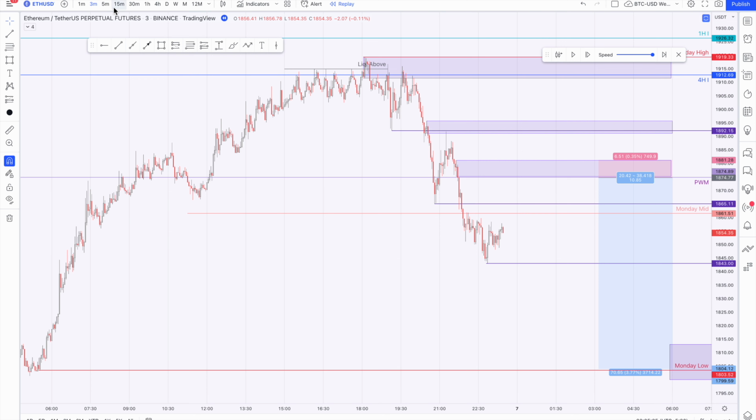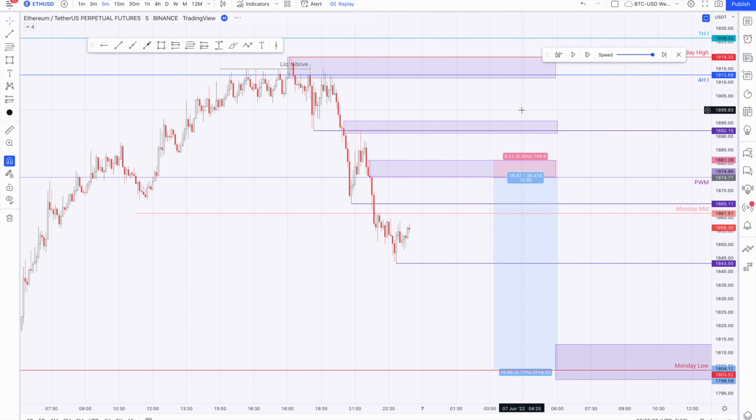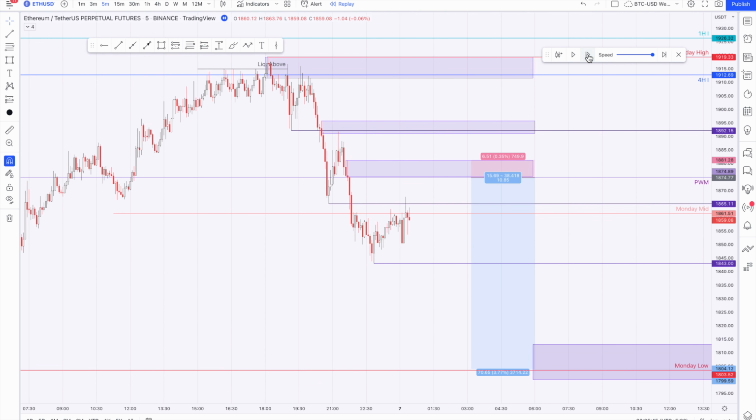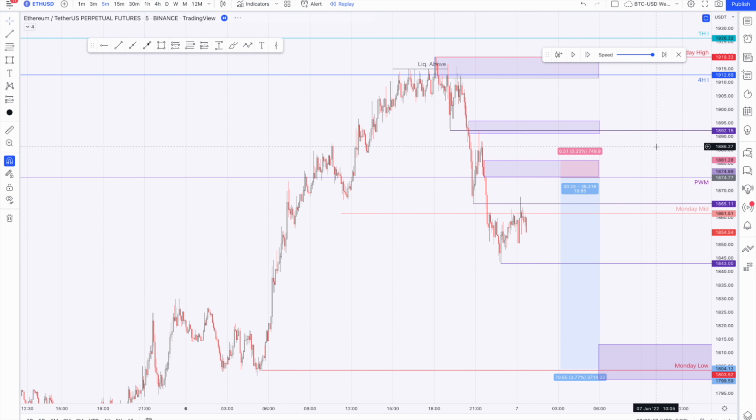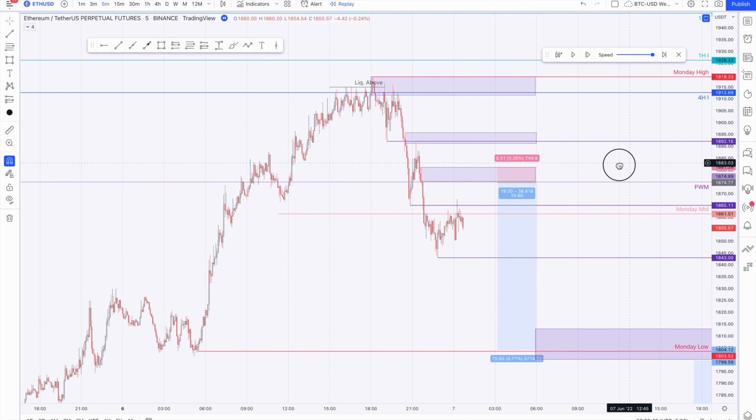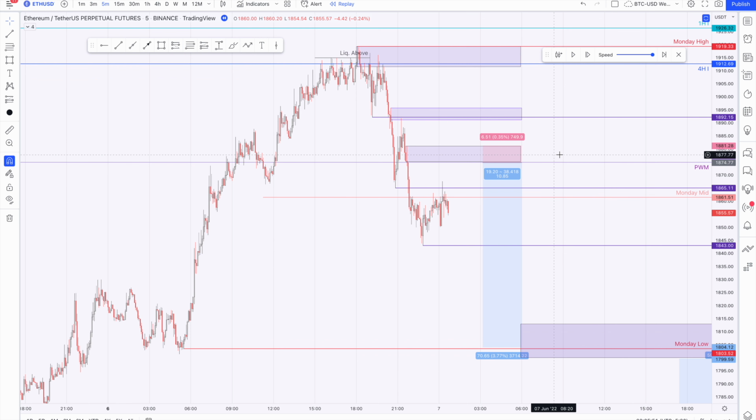Now let's just go to the 5-minute, because you guys already know how and why I marked this one here. All right, move forward. One thing I would like to bring to your notice is that if you see this level, this is the previous week mid level, right? So you guys already know the previous week high, previous week low, and the previous week mid.